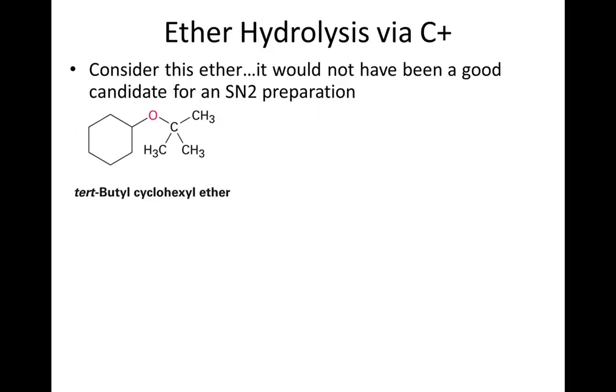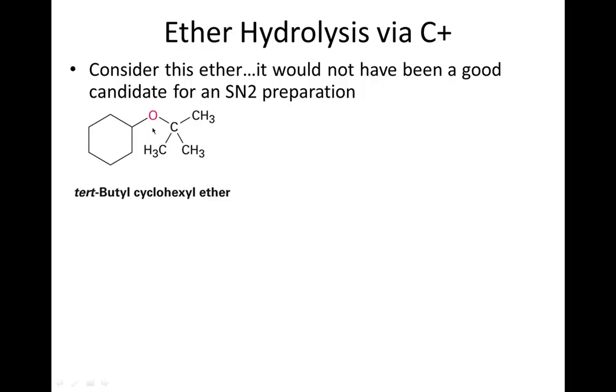Now, if you have a tertiary carbon, or a carbon that can make a good carbocation, then it's not going to be one that you would have made by an SN2 reaction. And so it's pretty easy to take it apart, a little easier than it would have been if you would have made it with an SN2, because it can't come apart and make a carbocation spontaneously.